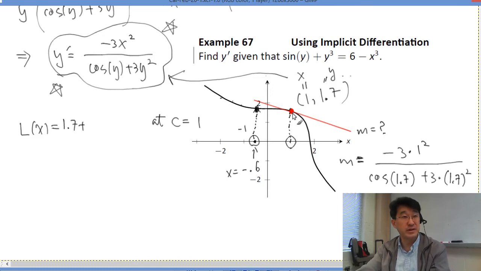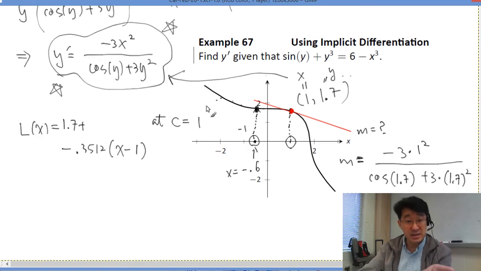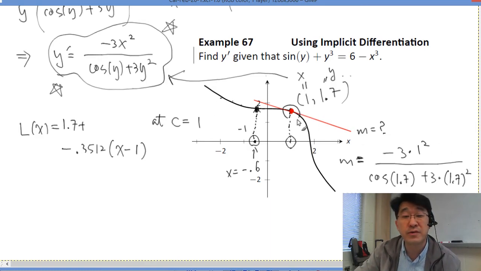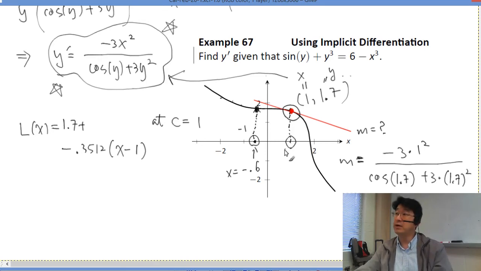That's 1.7 there. And what is the slope? Negative 0.3512 multiplied by x minus 1. That's the C value right there, right? That's this function Lx. And it's going to be a pretty good approximation around that neighborhood, right? But not good enough, right?